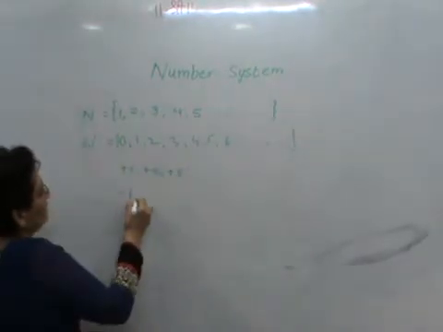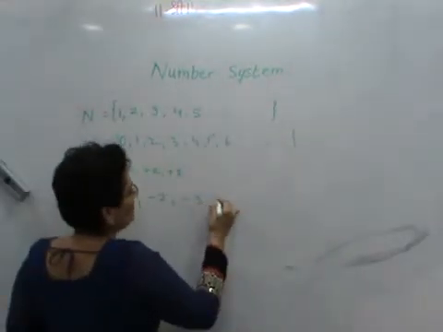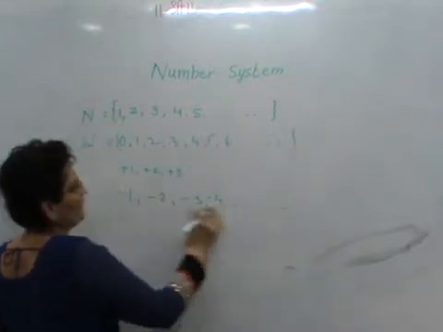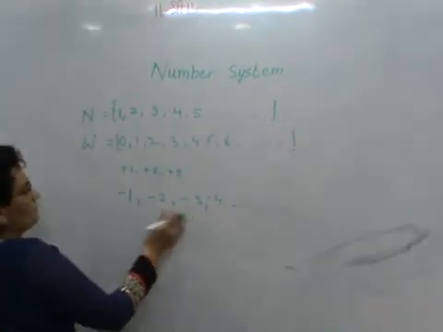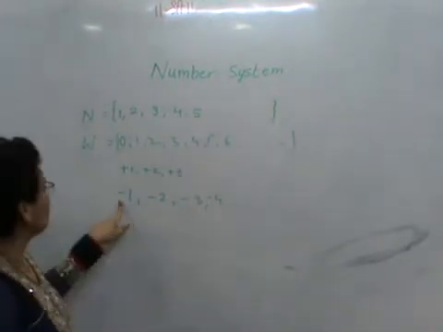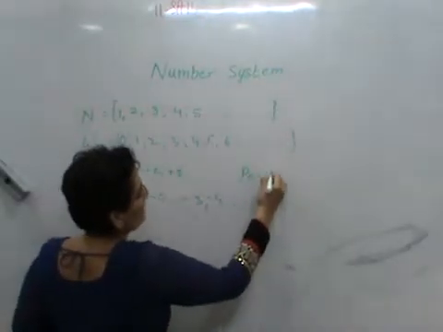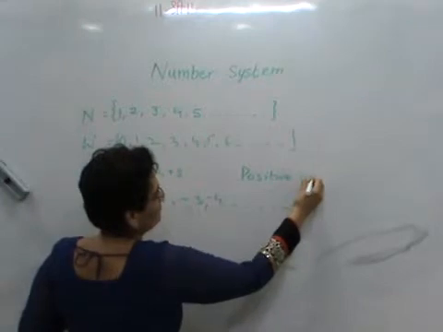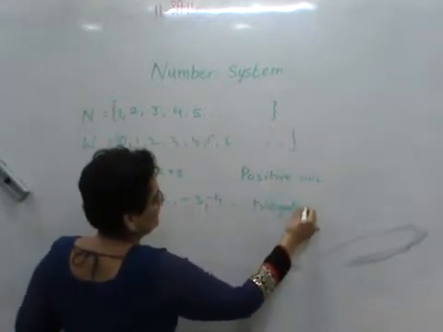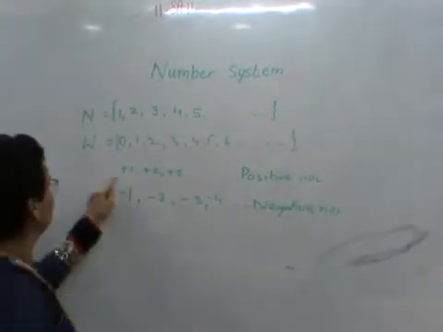But if we write minus 1, minus 2, minus 3, minus 4 till infinity, they are called negative numbers because they have this negative sign in front of them. These are positive numbers. These are negative numbers.